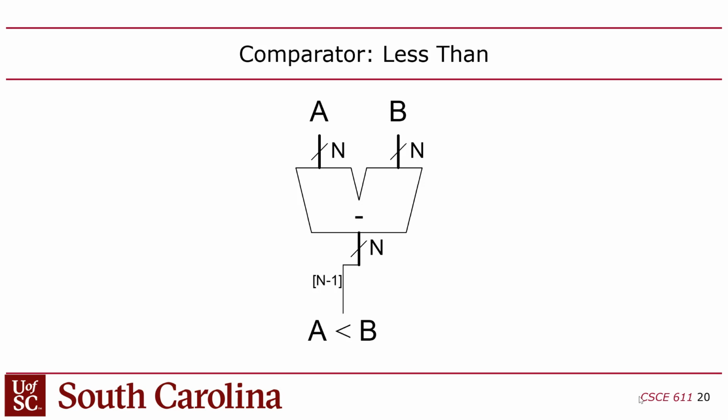But what if A is negative and B is positive? Well, if that's the case, you don't even have to subtract, because any negative number is going to be less than any positive number, right? And if you subtract a positive number from a negative number, the answer will still be negative. Yeah, if you have a negative number and you subtract a positive number, you'll get negative.